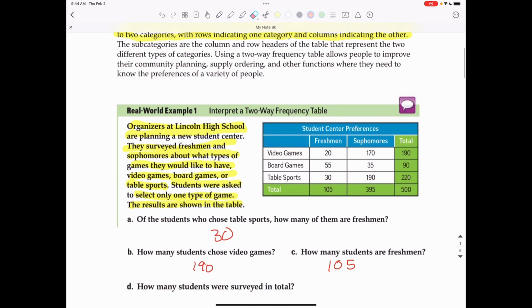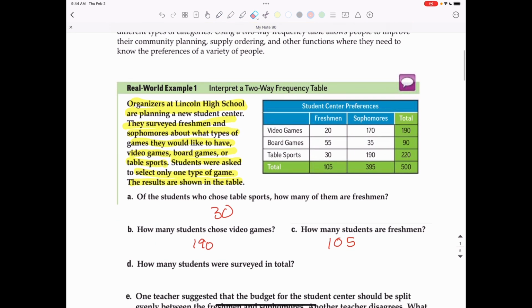The next question is how many students were surveyed in total? On a two-way frequency table, there are two ways to find the total. You could find the total of the freshmen and sophomores in each column and then add those together, and that would be the 500.